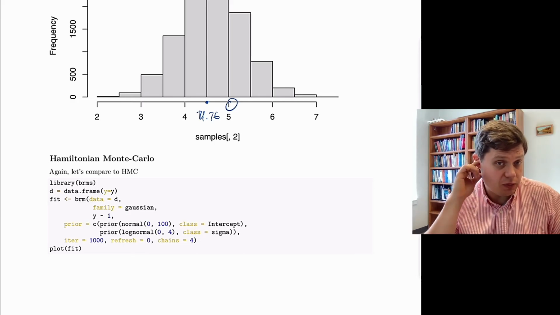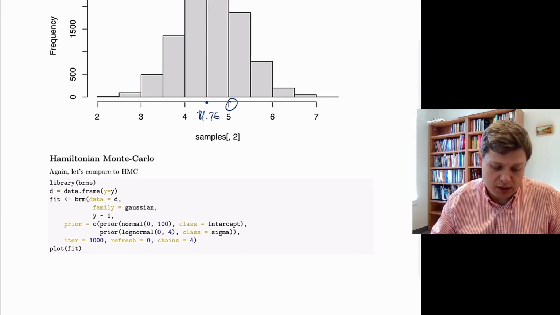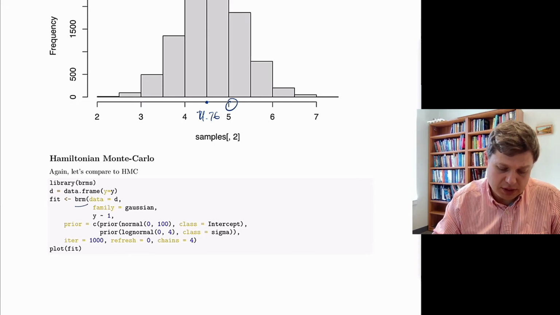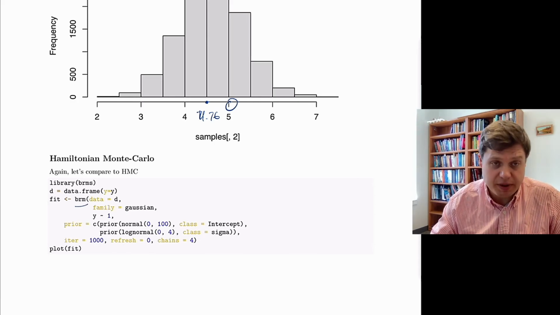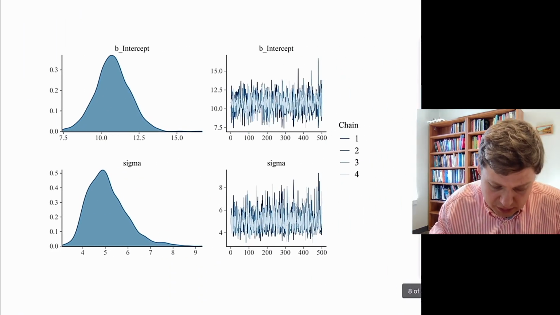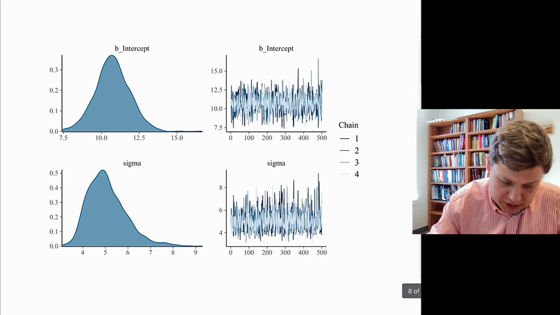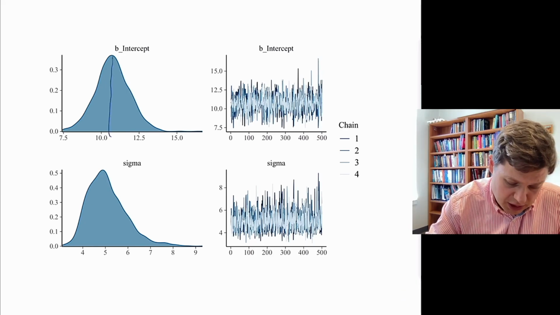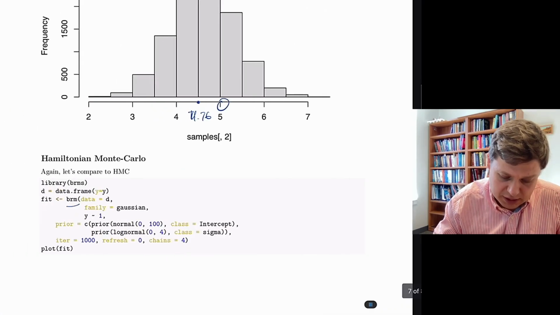And let's compare it with Hamiltonian Monte Carlo, but instead of implementing Hamiltonian Monte Carlo, we just used the BRMS package to do that. And so let's look at the Hamiltonian Monte Carlo posterior. So Hamiltonian Monte Carlo gives us a number slightly greater than 10.